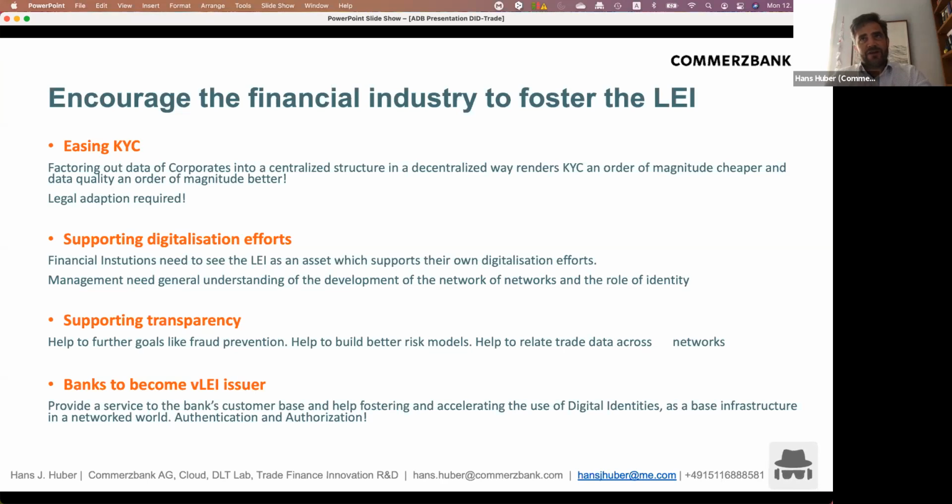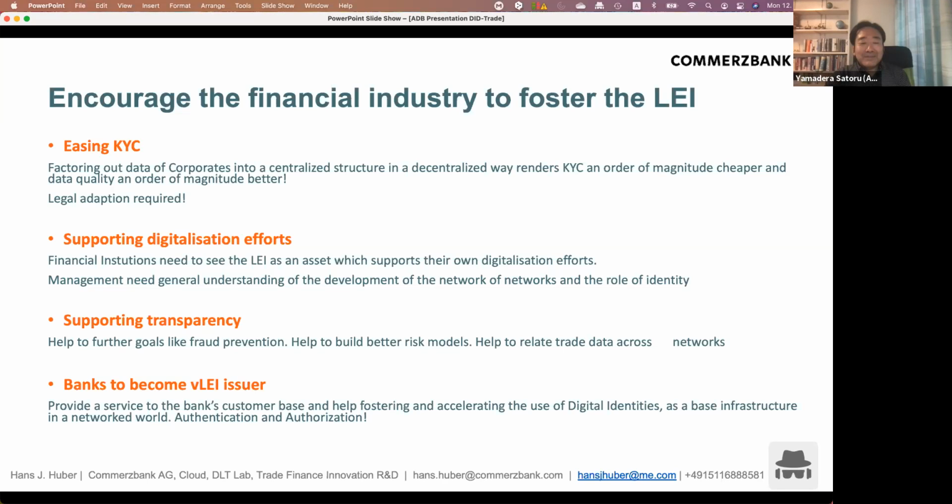And as Stephan Wolf has already mentioned, there is that problem about liability. And I think this needs to be fixed in the interest of all participants. The verifiable LEI as a digital identity offering is supporting the digitalization efforts that all banks should undertake, and that all banks or financial institutions are actively thinking about.